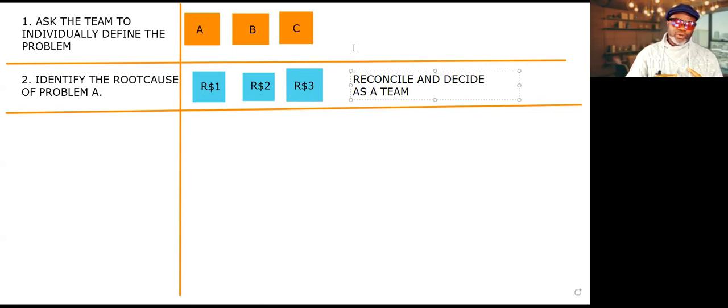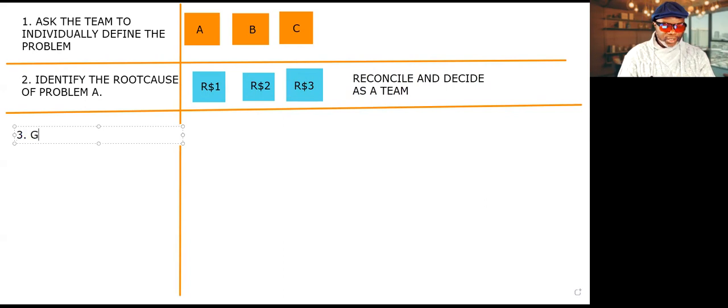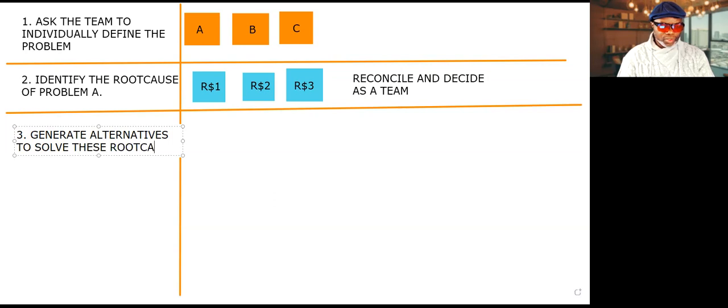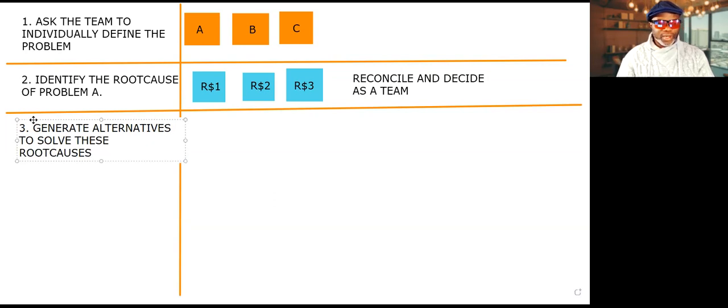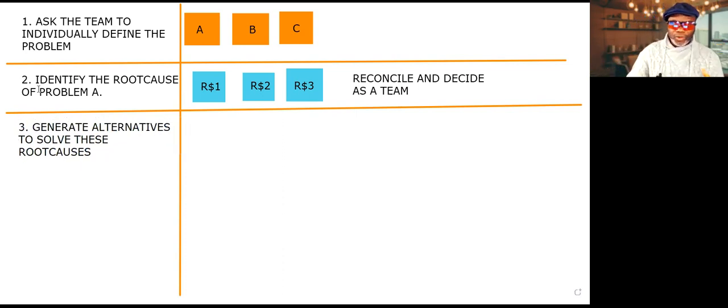Okay. When you understand the root cause, or you could even say root causes, you then move into step 3 and you generate alternatives to solve these root causes. And it could be that you get one silver bullet that takes care of all the root causes, or you have multiple alternatives.